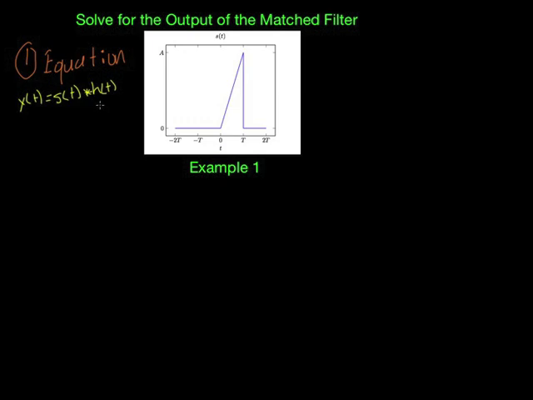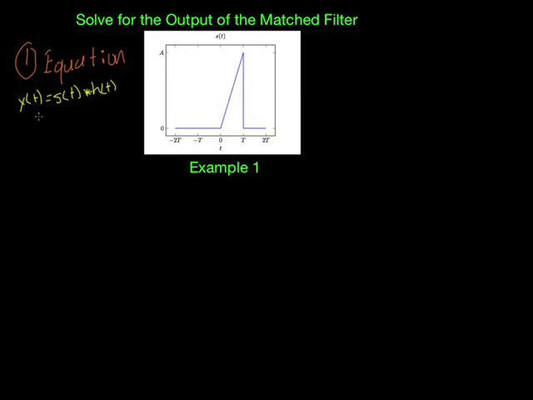Just to note, this h of t, the impulse response of the matched filter, is also known as the impulse response of a filter matched to the input signal s of t. Those terms are used fairly interchangeably, and we will learn how to find h of t from s of t by just inspecting the graph, which will be covered more in the next video.